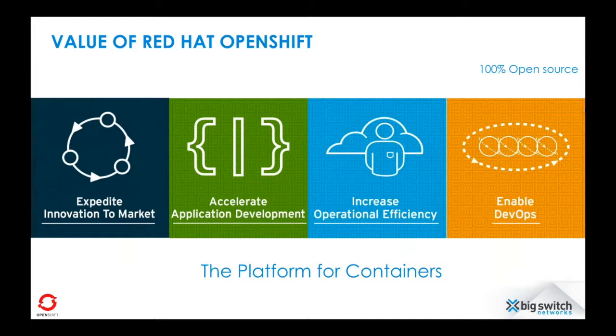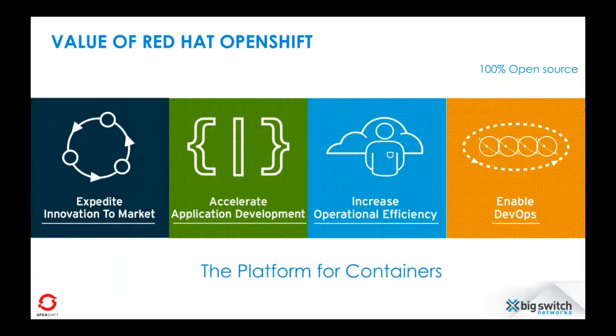So one question would be, what's the value of OpenShift? Why OpenShift? Well, OpenShift really provides a way to improve your innovation to market. What do we mean by that? It's not just about innovating something and leaving it there. It's about innovating something, developing it, testing it, and making it deployable by customers.